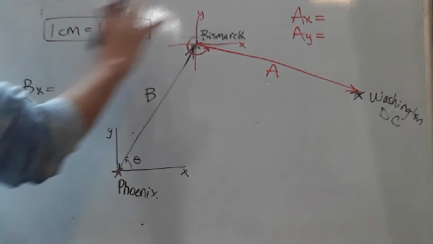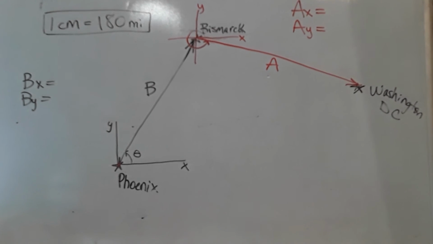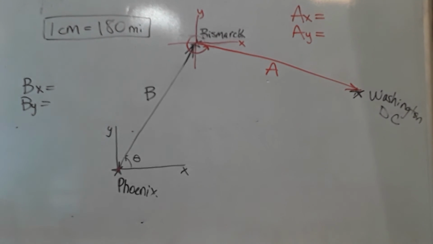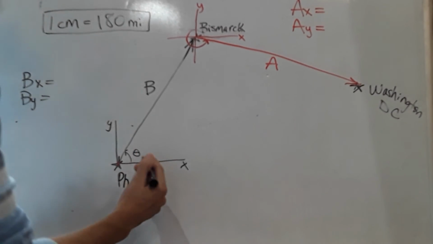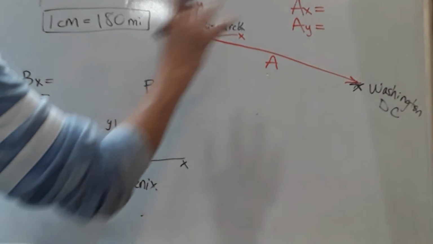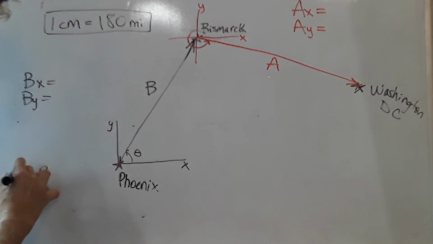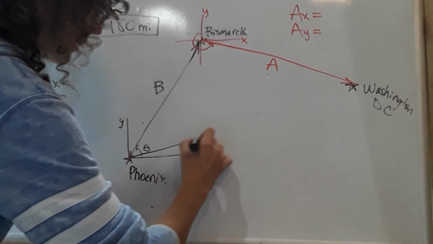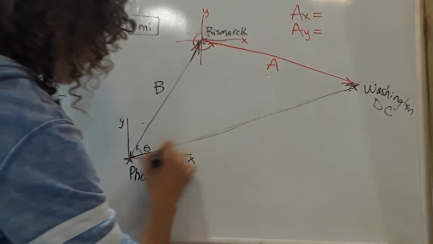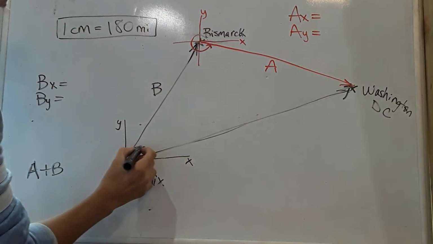And then after you've found that using the calculations and using formulas, the two formulas that I gave you that are on page 79 and page 80, you're going to use the protractor and your ruler to compare that resultant vector that you found by adding a vector plus b vector, using those formulas, to what you find by using a ruler and measuring what that length is and what this angle is.